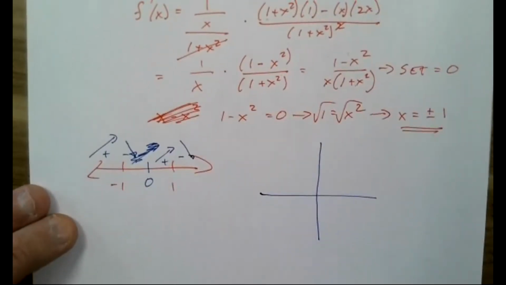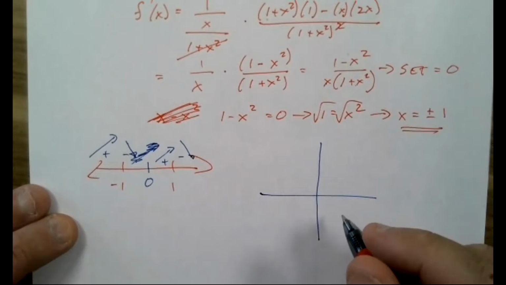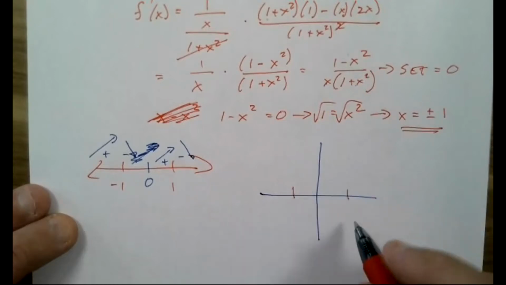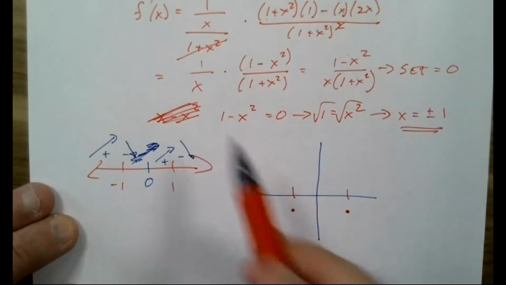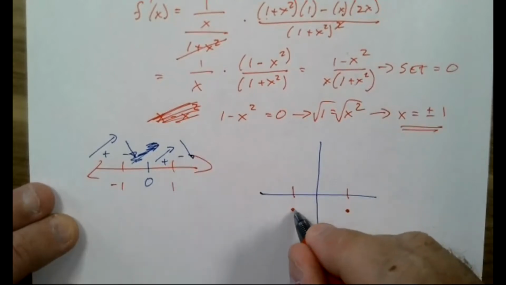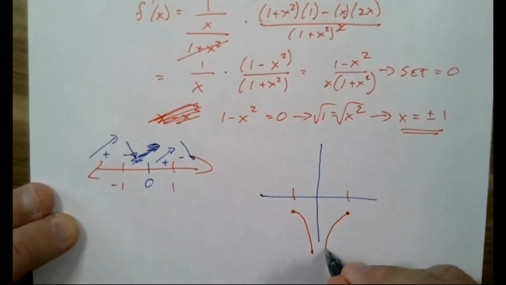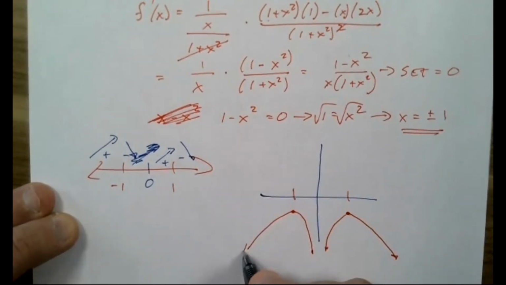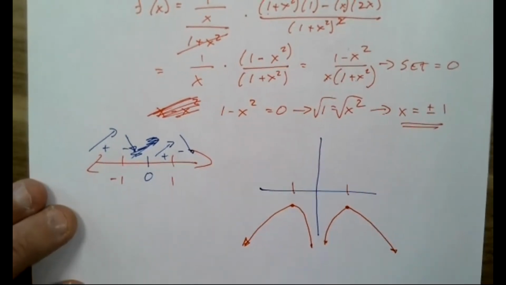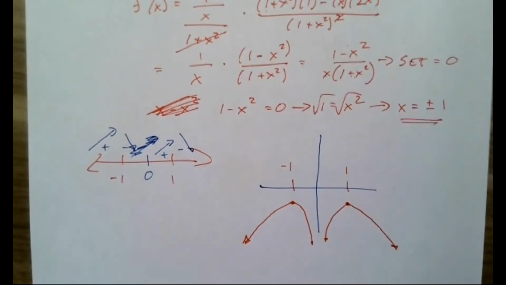All right. There's a max at 1. I'm going to put it here because I know, and a max at -1. It's undefined at 0, so that's a vertical asymptote. And it does that. At which point you say, well, why didn't we just graph it? No, I didn't give you a calculator. You got to be smart.